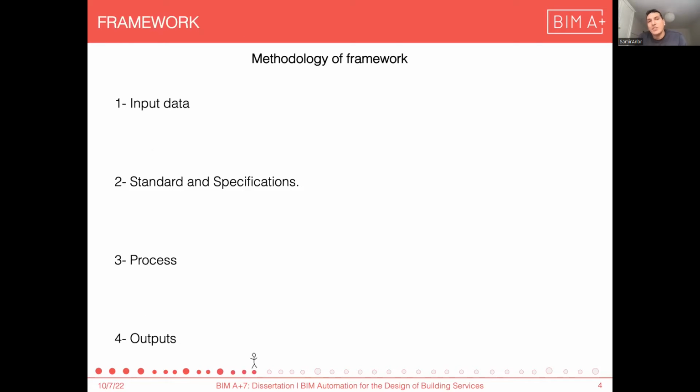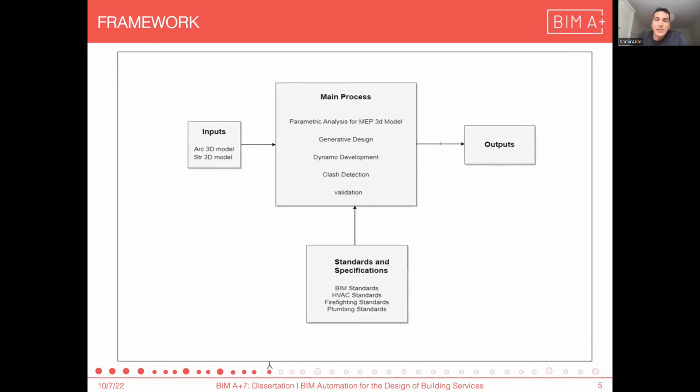In the methodology of the research framework, we have two factors: input data, the standards and specifications we follow, and process and output. This is our flowchart. For input data, I take the architecture 3D model and the structure 3D model.